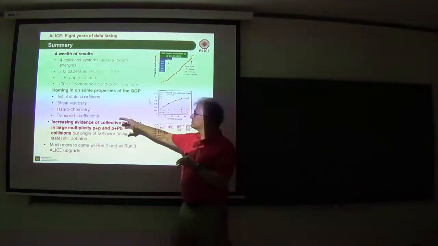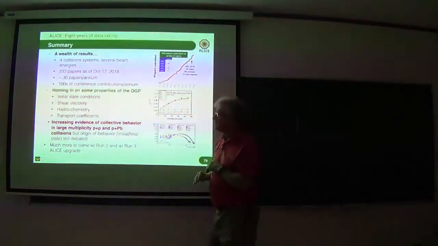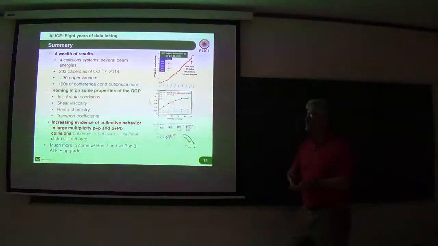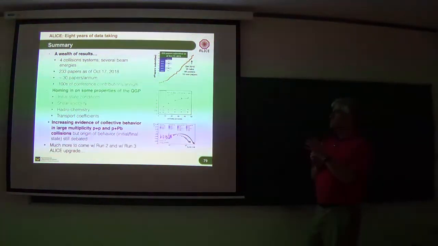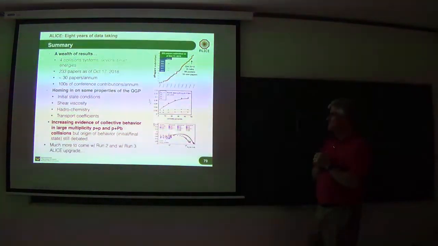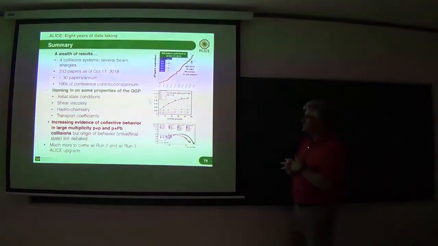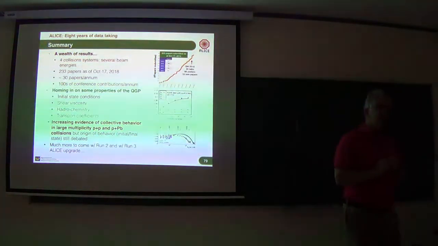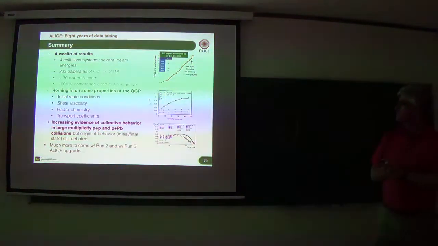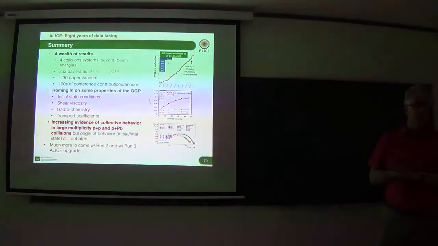Certainly the chemistry of the system is already very well understood because we know that we can reproduce the ratio of particle abundances with a thermal model quite well. And so there's a lot to be done, of course, understanding the small systems, but I think we've already achieved quite a bit in the first 10 years of the machine.